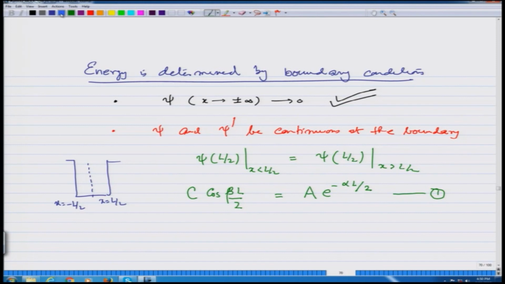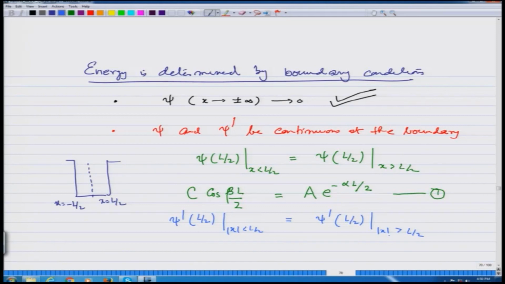And I am also going to have psi prime at L by 2 calculated for the function for x less than L by 2 equal to psi prime at L by 2 calculated for the function for x greater than L by 2.